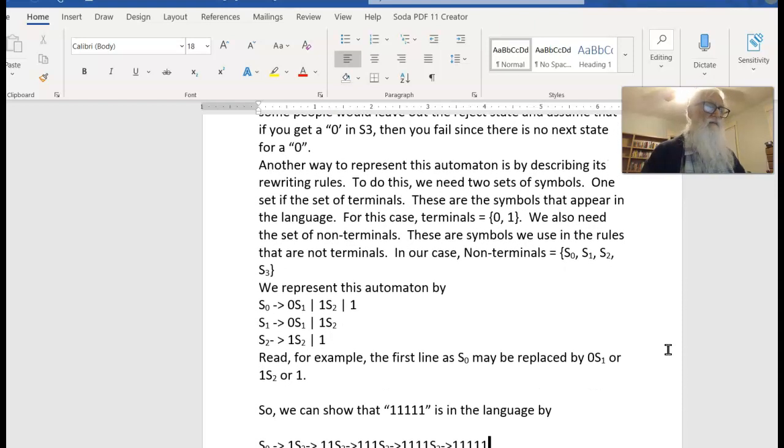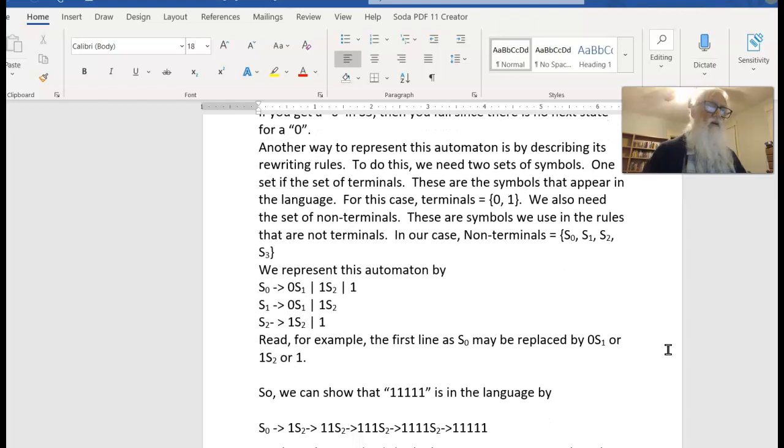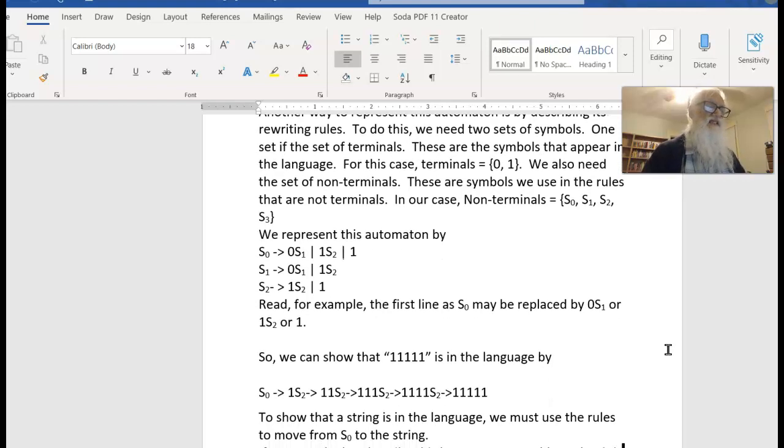So for example, if we wanted to show that 11111 is in the language, we would say S0 is replaced by 1 S2. Then we replace the S2 by 1 S2. S2 we replace by 1 S2. S2 we replace by 1 S2. Now we have 5 1s.